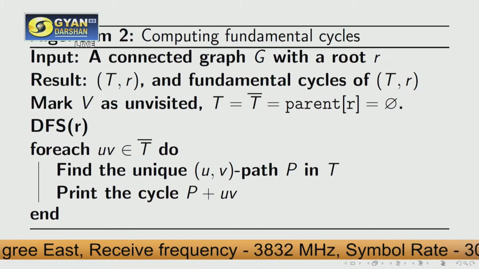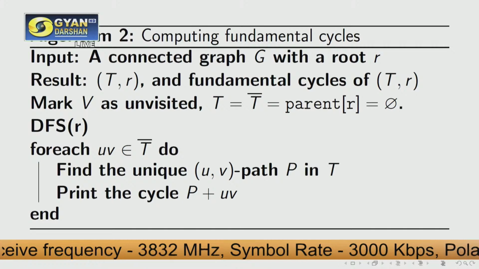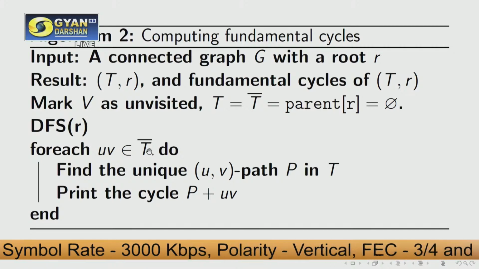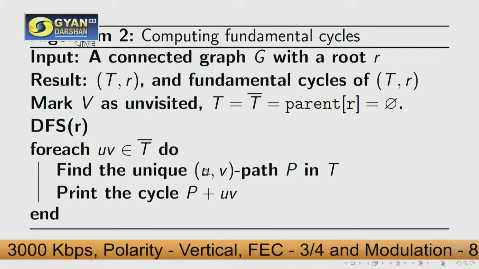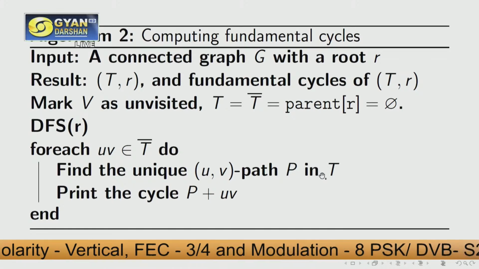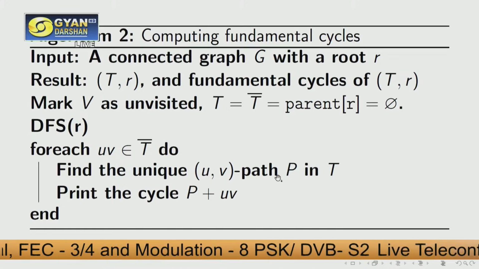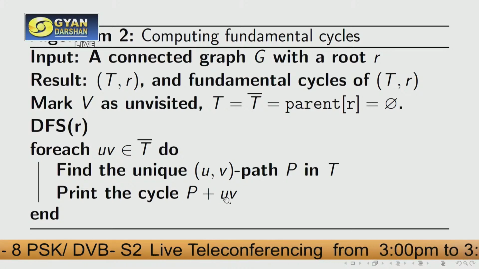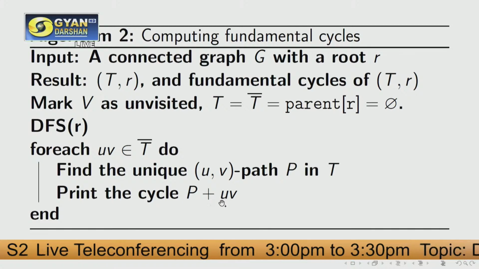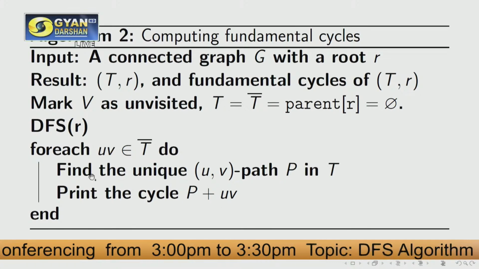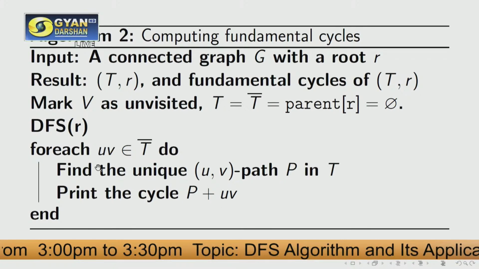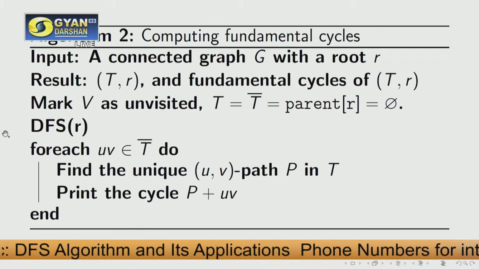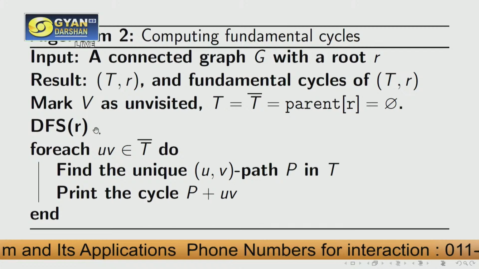Now, for each edge UV of T bar, we find the unique UV path P in T, and this unique path P along with the edge UV gives us the fundamental cycle. So we just print the cycle P plus UV. This will give us all the fundamental cycles of the spanning tree T. Now let's look at what this modified form of the DFS procedure is.